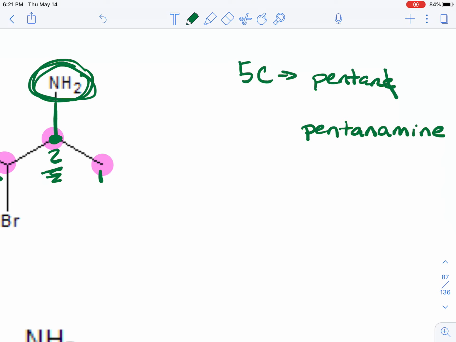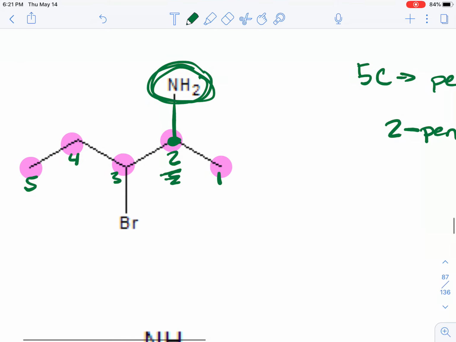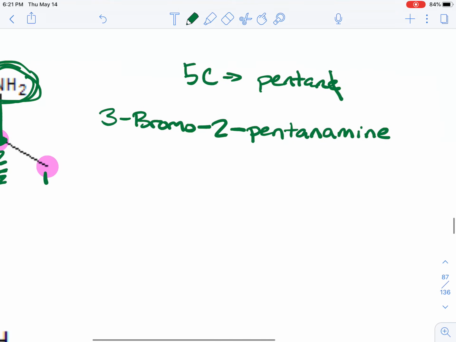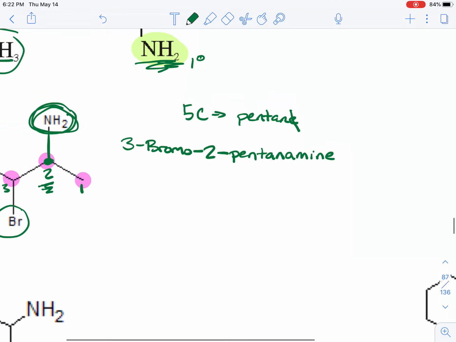All right, so this is telling us that we're going to have an amine on the second carbon. It looks like we have a bromine on the third carbon, so we're going to go ahead and finish this by saying 3-bromo. So we're going to put a dash between the O and the number 2. So my final name for this structure is going to be 3-bromo-2-pentanamine.